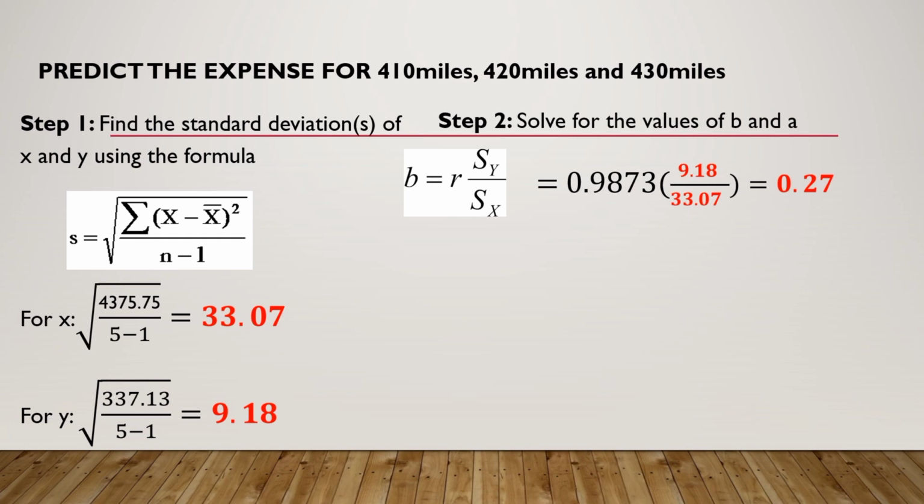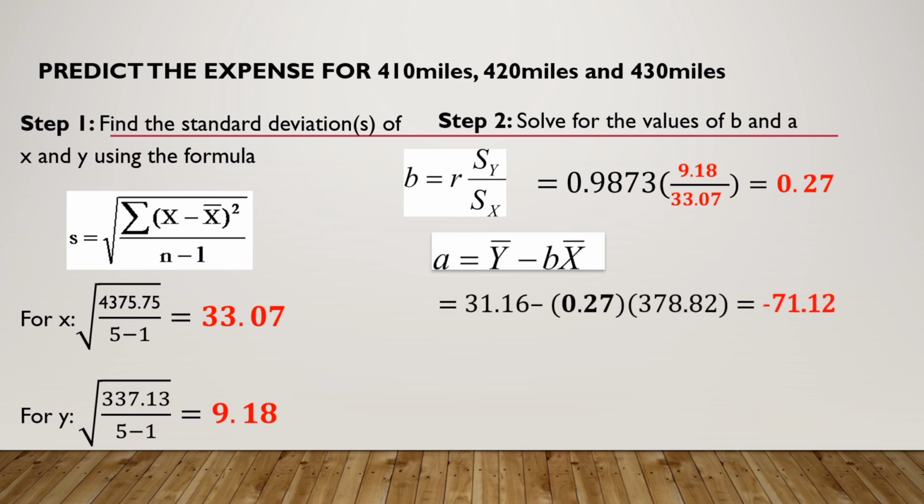So our answer for b is 0.27. Then for a, that is y bar minus b times x bar. From the table, we have already solved the average of y and x.